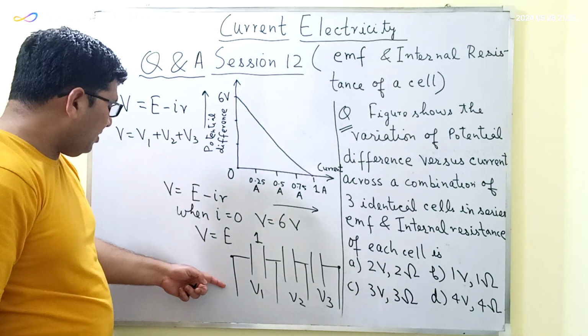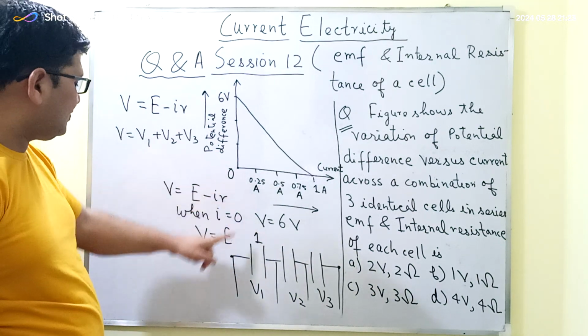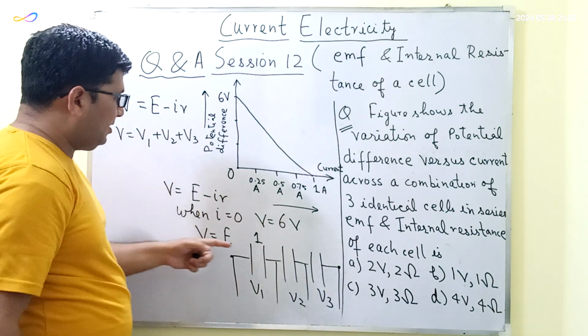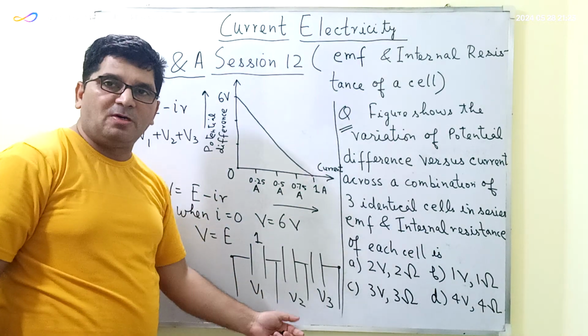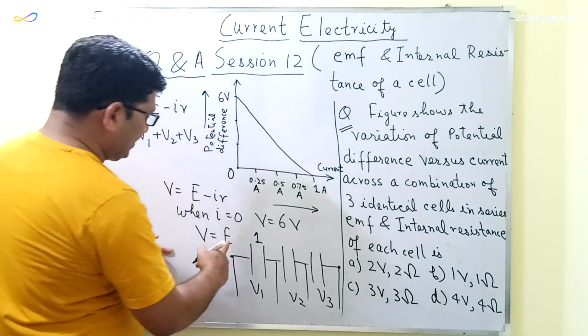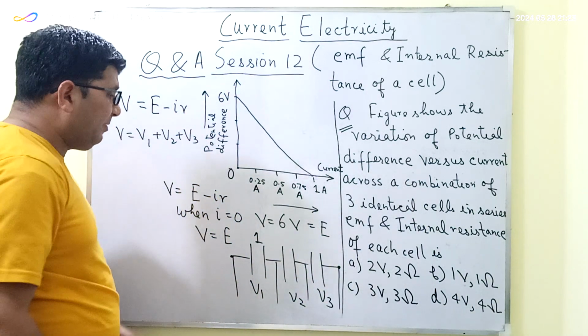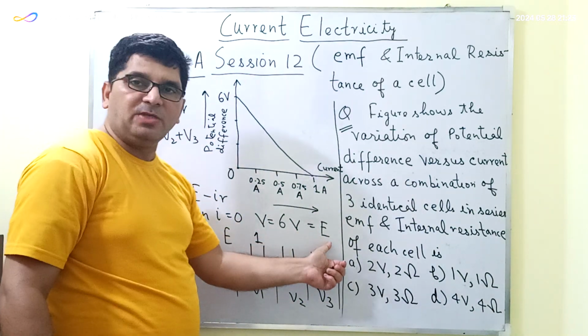Now here when the current is 0, V is equal to E. That is, the total EMF value of this combination will also be equal to 6 volt. That is, the total EMF value of this series combination is equal to E.